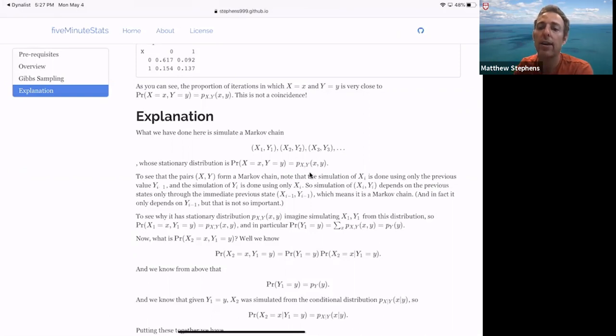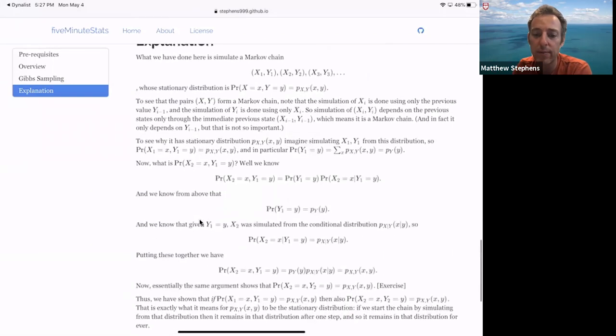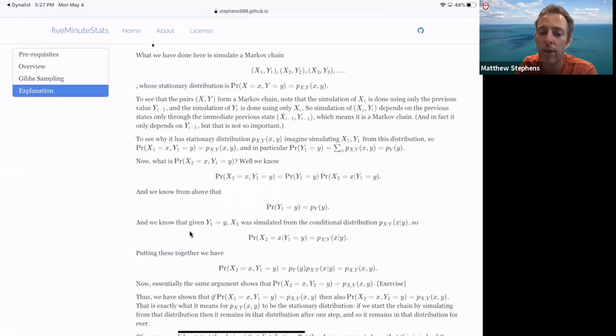It's basically just slightly messy algebra, but if we generate x1 and y1 from their joint distribution, then in particular, y1 is from its marginal distribution. That's what marginal means.